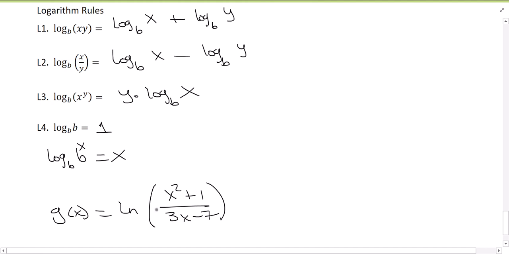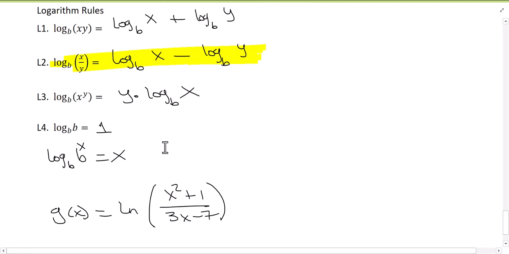But in taking the derivative of this stuff, I have to use the quotient rule. So that lets me know that, oh, wait a minute, if I have to use product rule or quotient rule and I have a logarithm, I can probably rewrite it using my rules of logarithms. So here we're going to use the quotient rule of logarithms. I guess I shouldn't call it the quotient rule because it makes it sound like the quotient rule of derivatives, but it is the quotient property of logarithms.